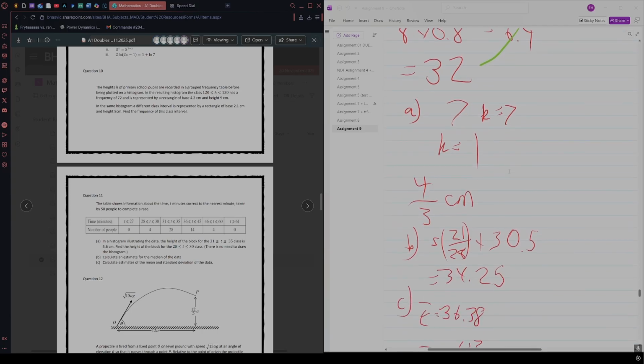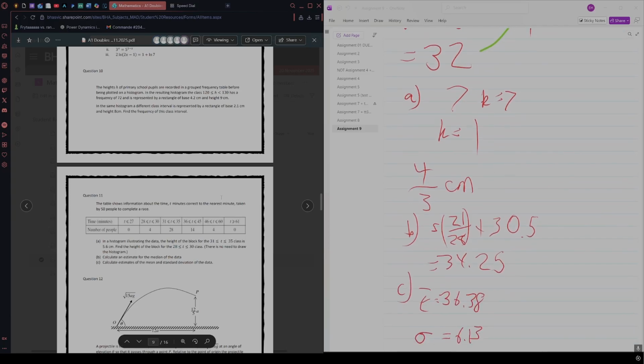Because the scalar is 1, 7k equals 7, therefore k equals 1, and the class width here is 3, 28, 29, 30, so the frequency density is 4/3. Multiply 4/3 by 1, you get 4/3, so that's your answer.